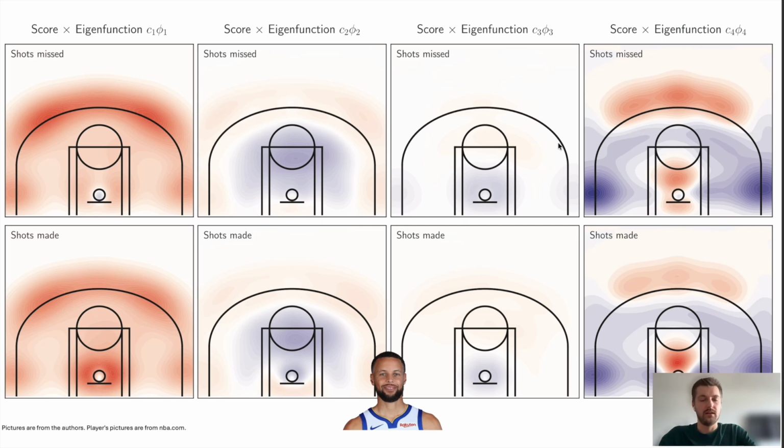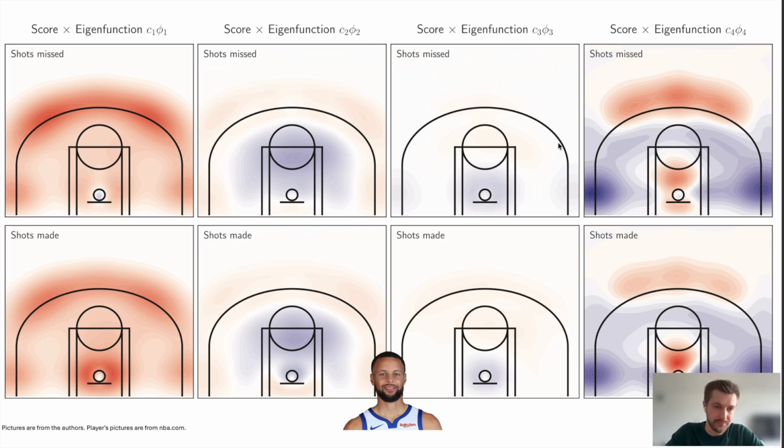So now I can look at the decomposition for each player. Here I represent each of the basis functions multiplied by the scores, and you can have something like that for each player.